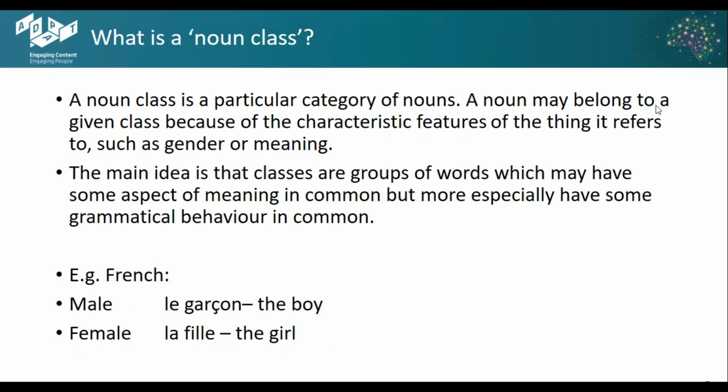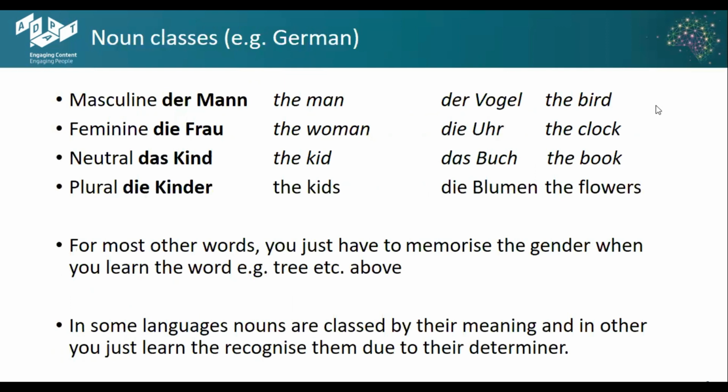So in French, for example, you've got le garçon, the boy, and la fille, the girl. We've got masculine and feminine there. It's straightforward. If we look at German, you've got der Mann, the man, and der Vogel, the bird.